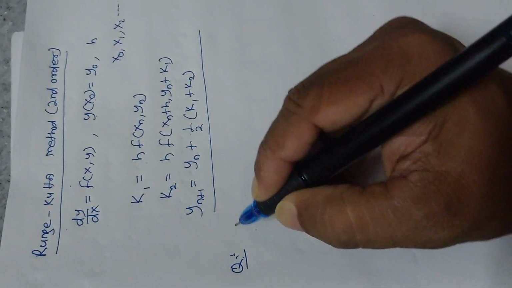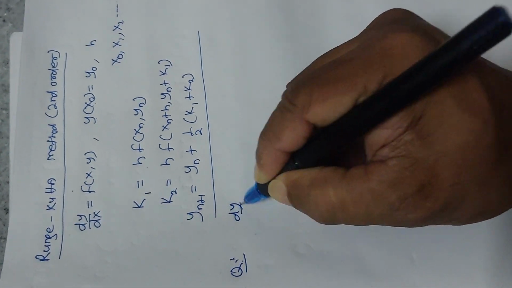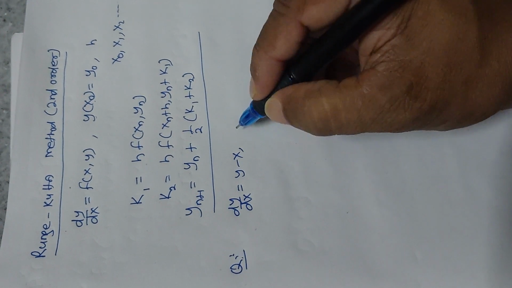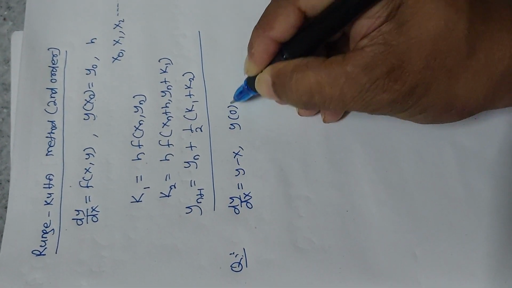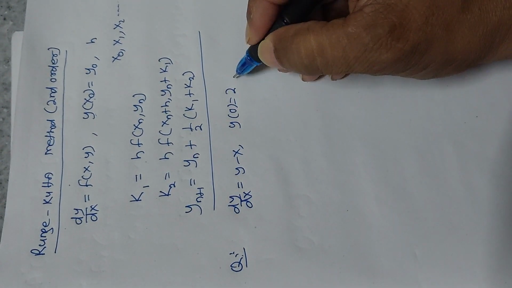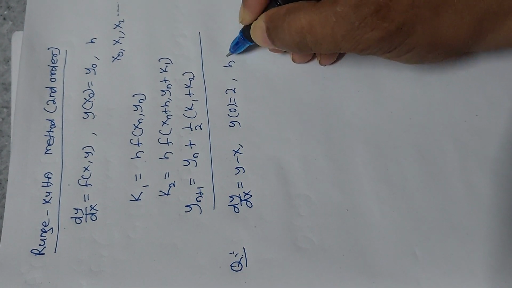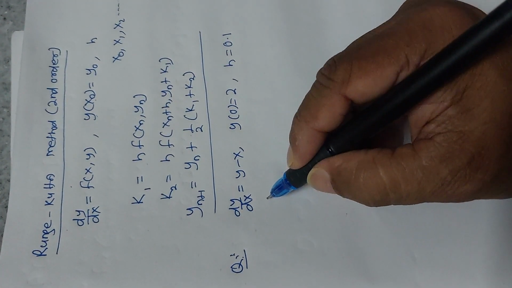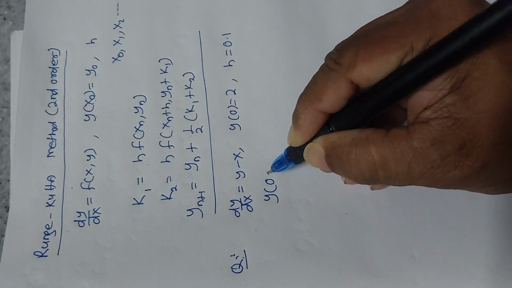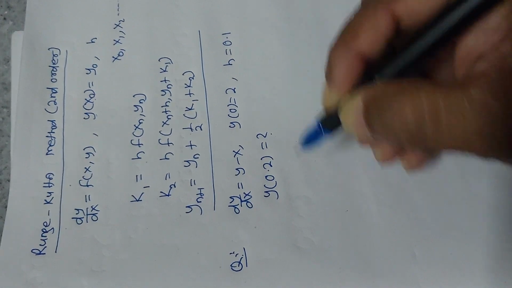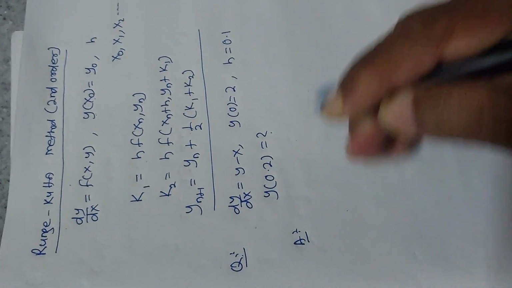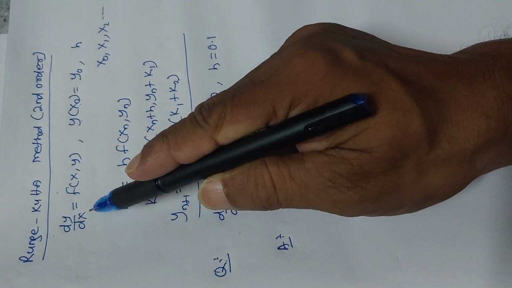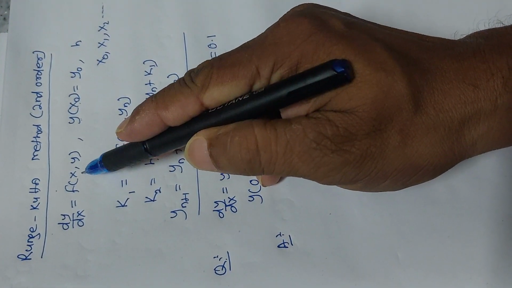Question: dy by dx is equal to y minus x, y of 0 is 2, h is 0.1. You have been asked to find y at 0.2. Let us compare it with the procedure. In the procedure, dy by dx is equal to some function of x and y.